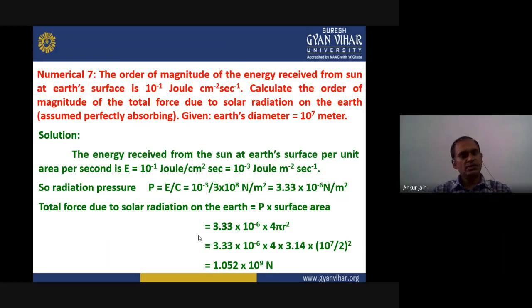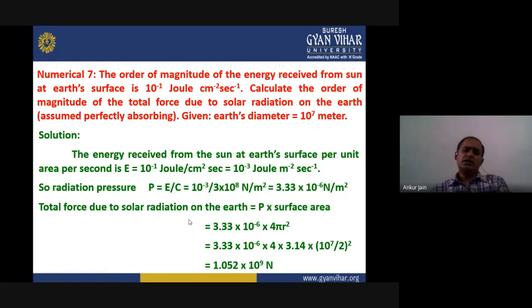So we have also derived one expression for the pressure exerted by radiation, and that radiation pressure P is equal to E upon C. Here E is given as 10^-3 divided by C. We already know the velocity of light, that is calculated, right?